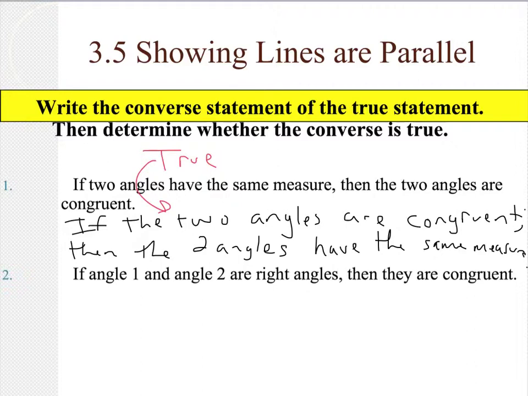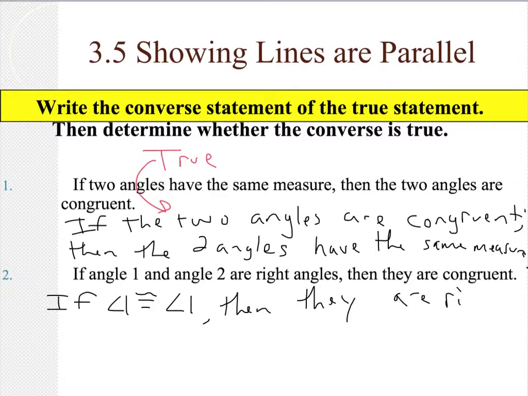Second one, if angle 1 and angle 2 are right angles, then they are congruent. I'm just going to simplify this a little bit. If angle 1 is congruent to angle 2, then they are right angles.